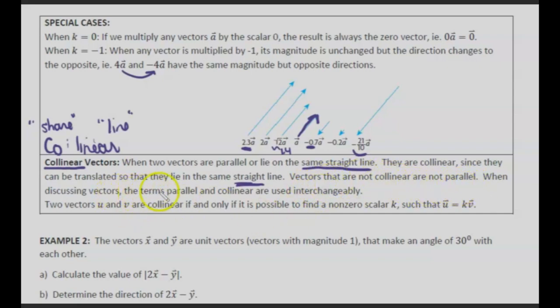When discussing vectors, the terms parallel and collinear are used interchangeably. Two vectors u and v are collinear if and only if it is possible to find a non-zero scalar k such that vector u equals k vector v.